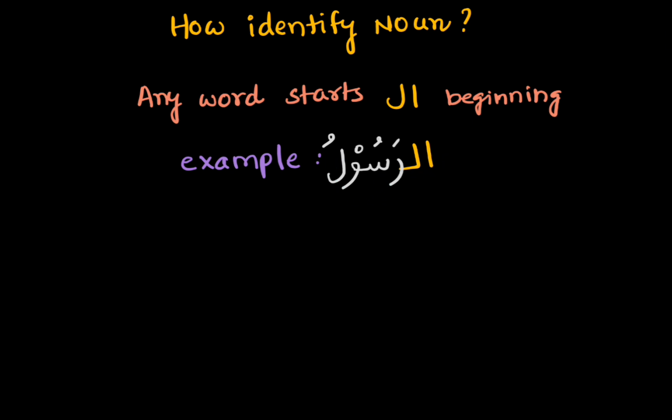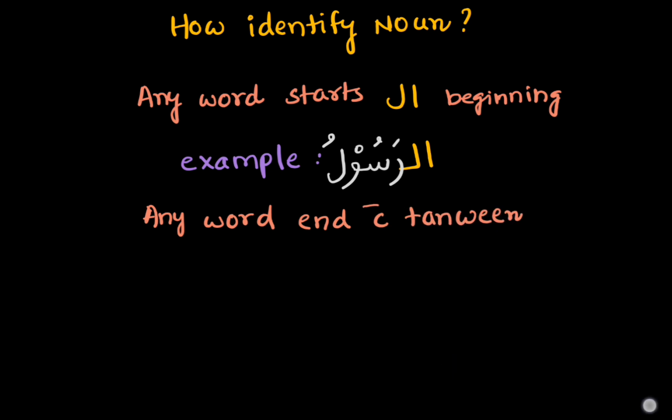And another way to identify a noun is any word which ends with tanween is a noun. For example, rasulun. So any word which ends with tanween is a noun.